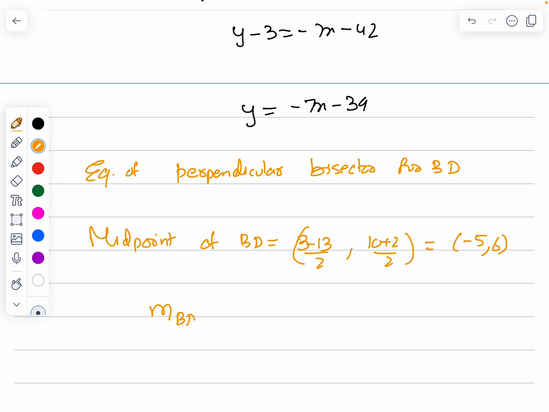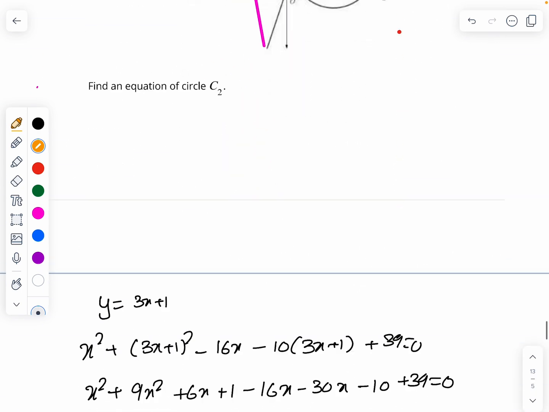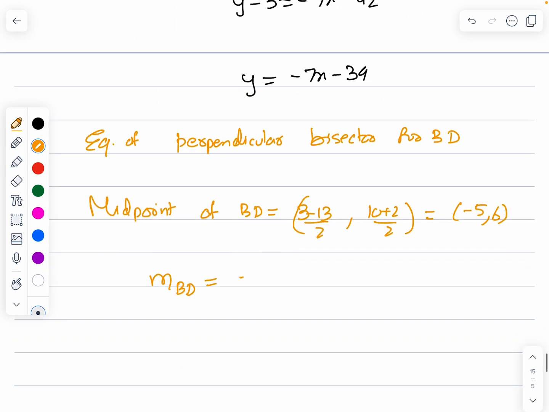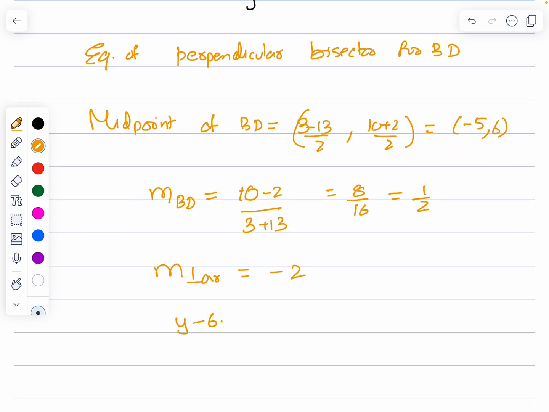Now the gradient of BD, (y2 minus y1)/(x2 minus x1), is (10 minus 2)/(3 minus of minus 13), which becomes 8/16, which is 1/2. So the perpendicular gradient will be minus 2. So the equation will be y minus y1 equals minus 2 times (x minus x1). So y equals negative 2x minus 4.